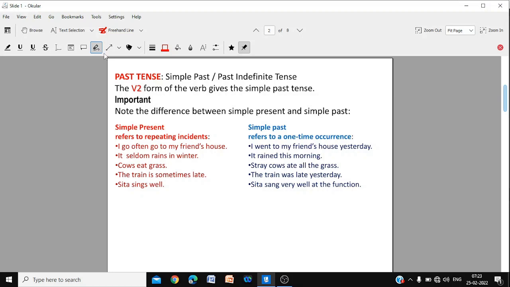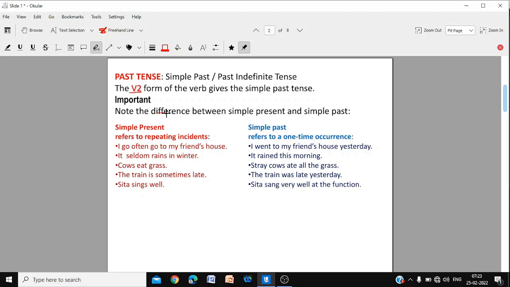The V2 form of the verb gives a simple past tense. V1 and V5 give the simple present tense and V2 gives the simple past tense. Now note one important difference between the simple present and the simple past.